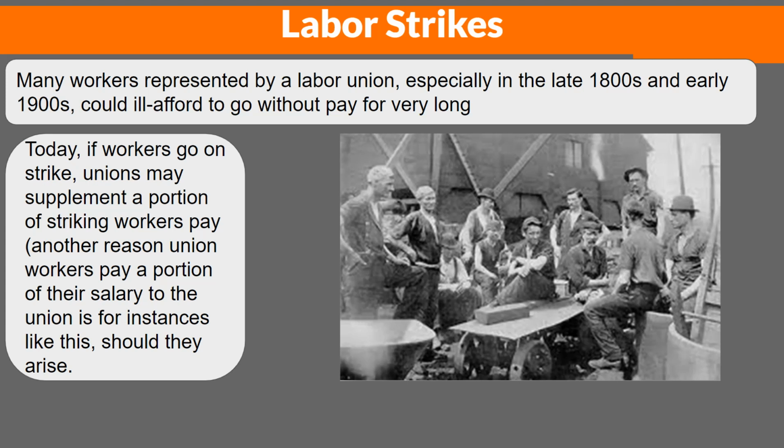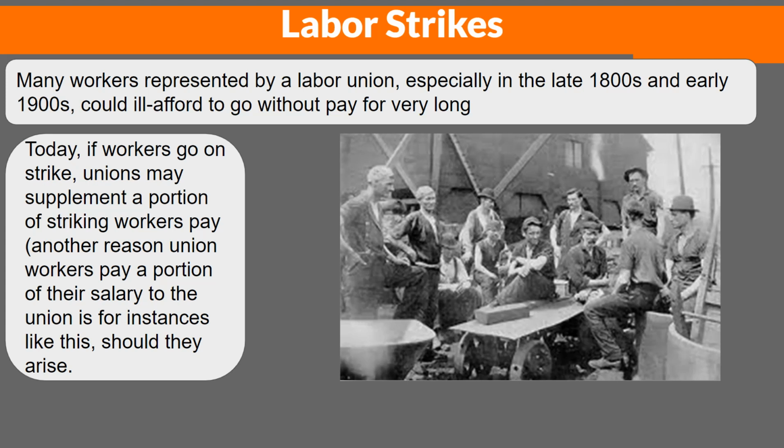Another reason union workers pay a portion of their salary to the union is so that if they do go on strike, they can still get some. The union would start to pay them, not as much as they were making while they were working, but enough to make ends meet so that they can survive.